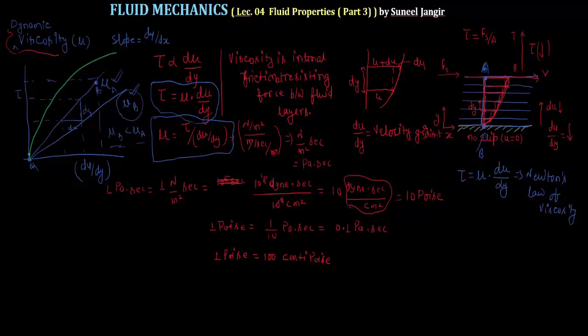So this is the line for some other fluid, and this fluid is not behaving like these fluids, because here the slope of this curve is variable, and in this one the slope is constant.